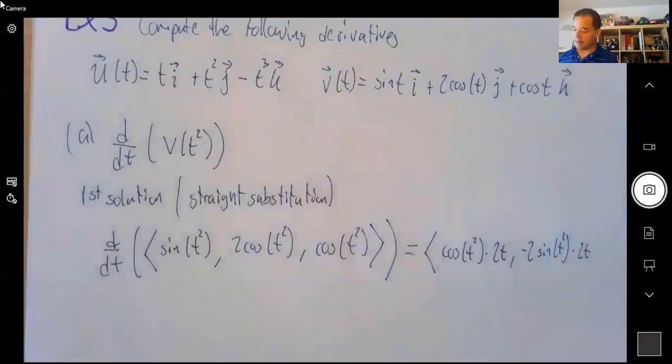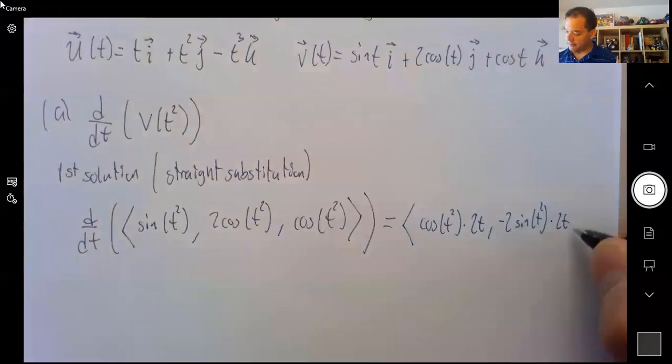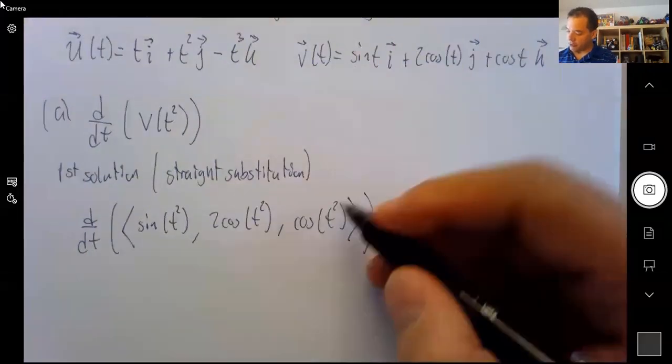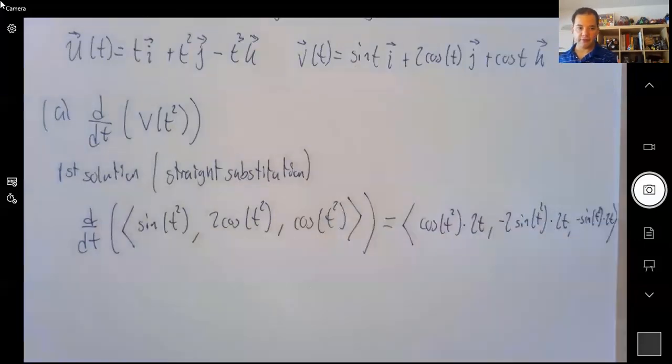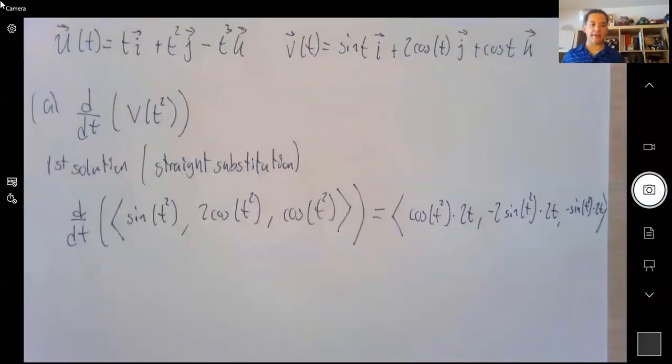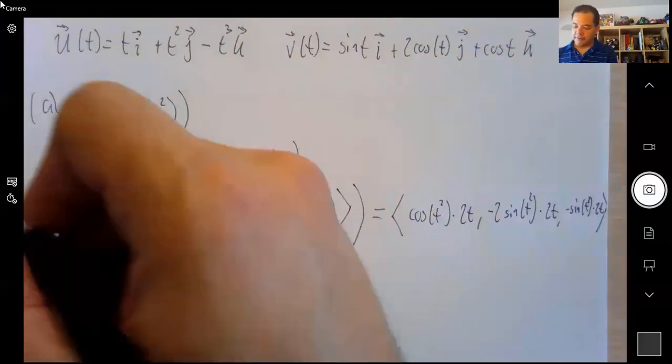And last, it will be the derivative of cosine, which is negative sine of t squared times 2t, right? And that's it. That's the first solution.